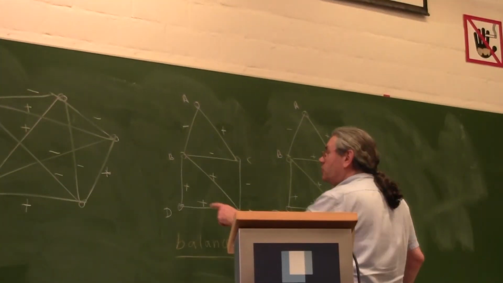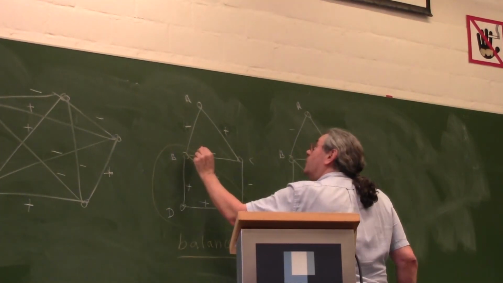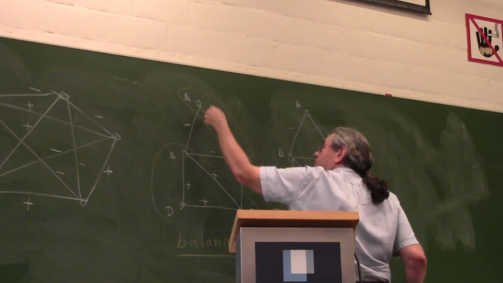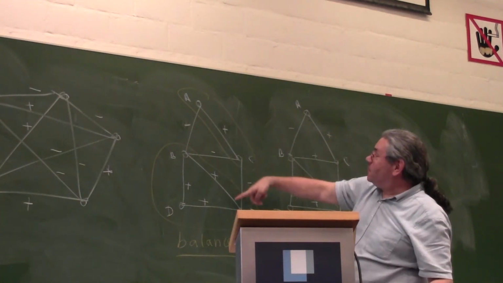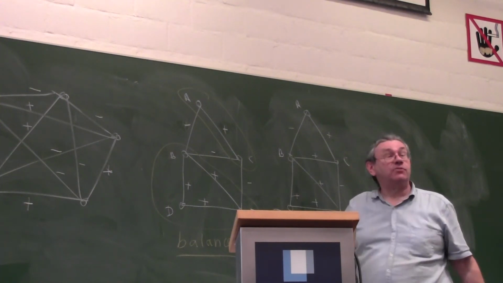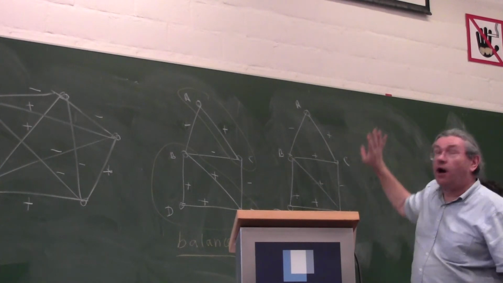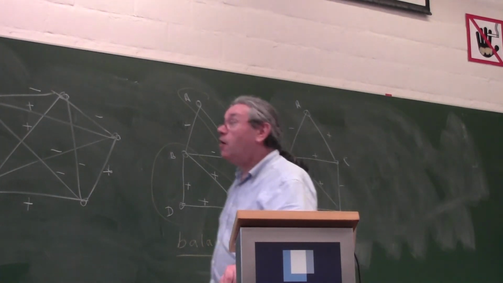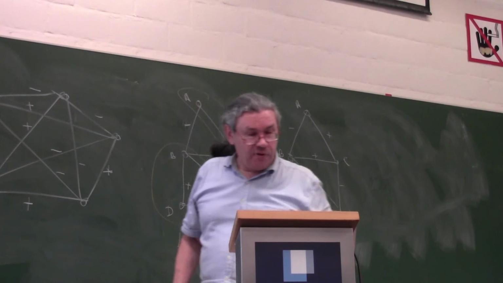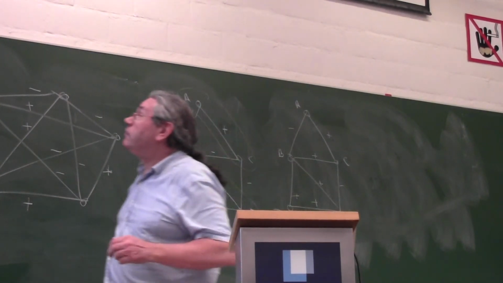Well, actually, you can split it. You can say, this is a group of friends. Here also I have a group of friends, and those 2 are enemies between them. You see that? And it's always true for a balanced graph. You can always split it into 2. But it's not true for unbalanced graphs. Only for balanced graphs.